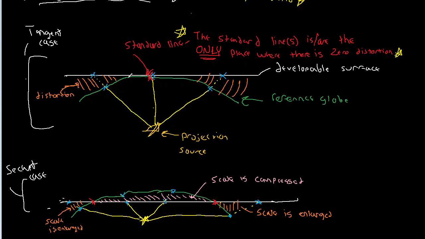That you have areas where the projection source is projecting things farther apart because it's going through the reference globe onto the developable surface. In the secant case, you have areas where it's actually going through the developable surface before the reference globe, so things are closer together. And the only place you have no distortion is where the developable surface and the reference globe touch, which are standard lines.